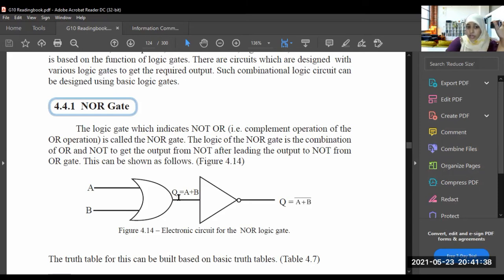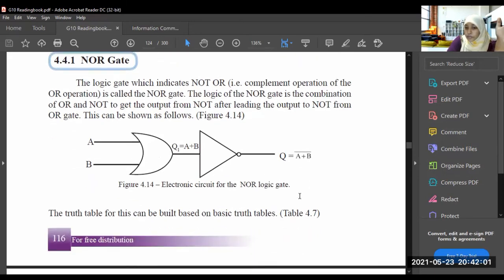Now understood? So the output, this one is plus, no? OR gate, so plus, so A or B. When A or B goes through the NOT gate, it will be (A or B) bar. Now understood? This is (A or B) bar.